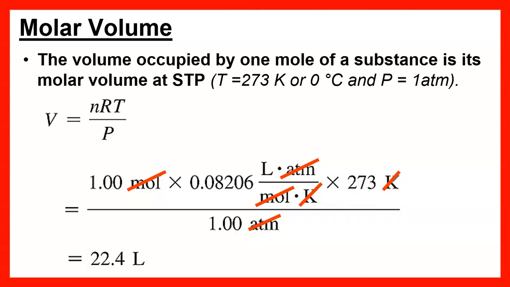Make sure that you are picking the right R value based on your pressure units. That's a common mistake. I don't require that you show me all these units canceling. But if I ask you to demonstrate or prove that they cancel for some reason, you should be able to.